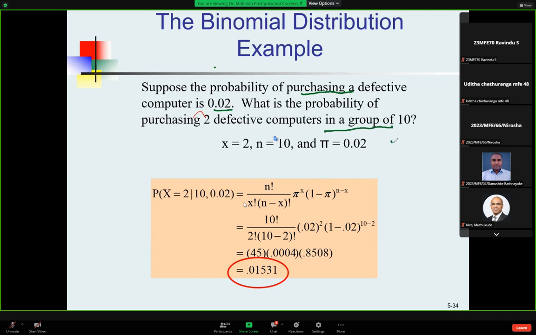That means there are 10 computers, and you will buy 2 computers. According to the manufacturer, 2% are defective. Then what is the probability of purchasing 2 defective computers?